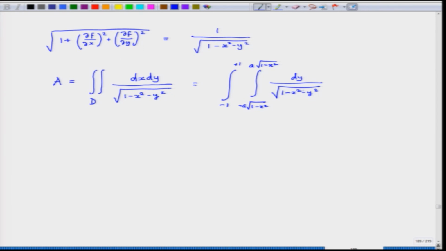So, you can put 1 minus x square as u and then make the integral look much simpler, into dx. I will not do the full integral, I will tell you the answer of this is 4 sin inverse a.